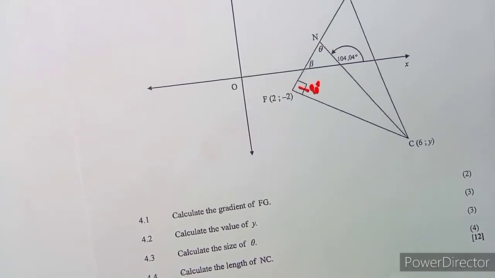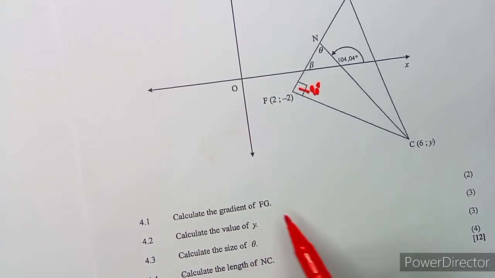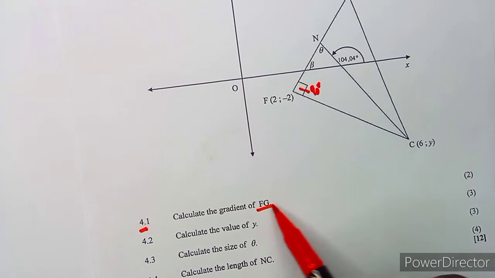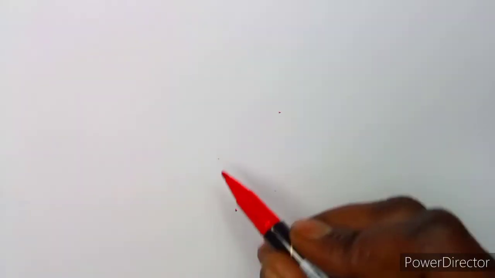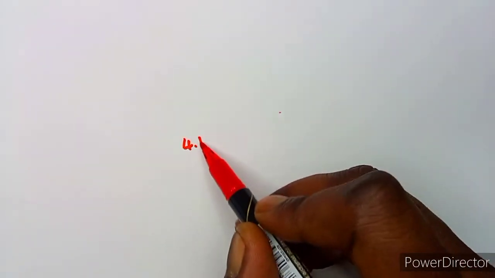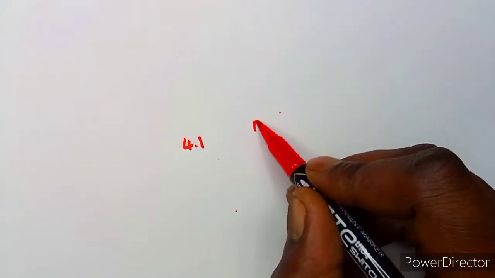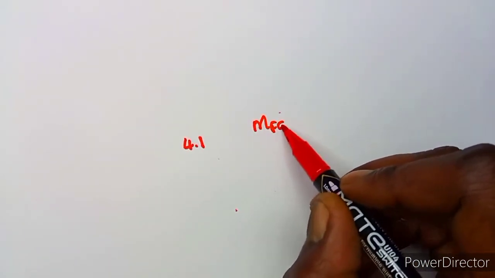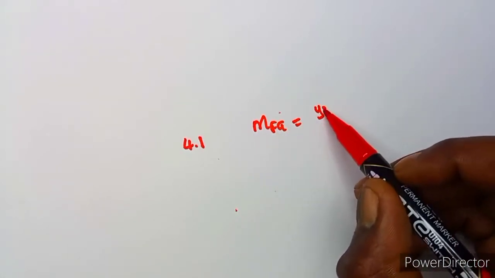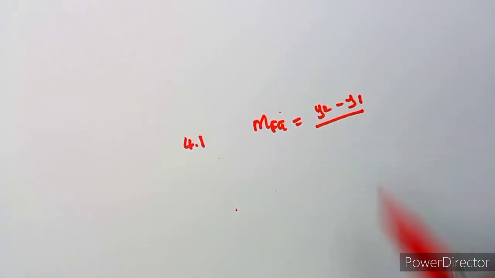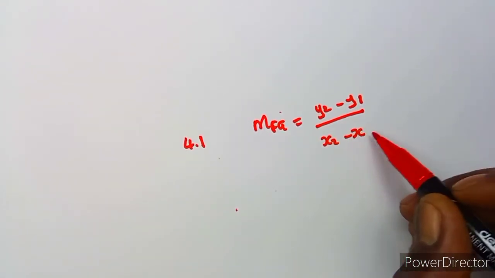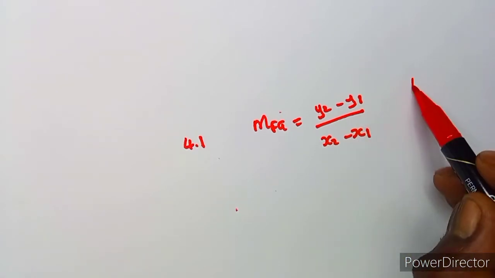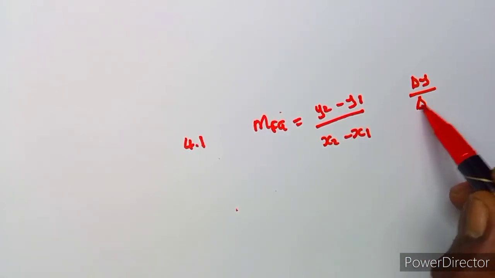As we know from our gradient concept, it's all about the points you take. This is 4.1, the gradient of FG, this is your F, this is your G. We've got the points already. Gradient is the change in y over the change in x, M equals change in y over change in x.